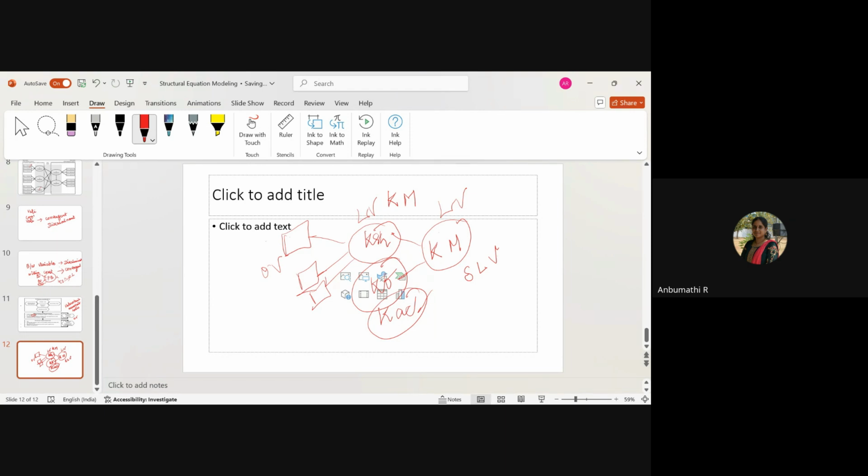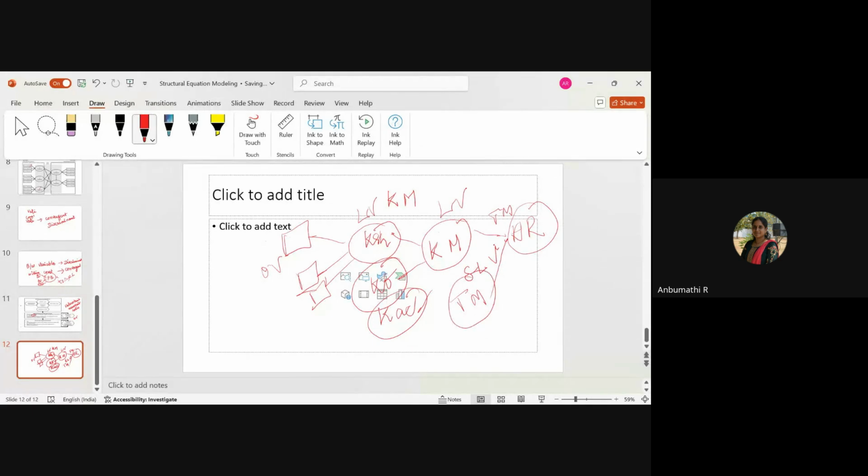So you can have third order latent variable also. Like for example, knowledge management, you have talent management. It's like knowledge management, talent management, etc. Both knowledge and talent management put together are HR practices. Okay, so in that case, that is also possible.